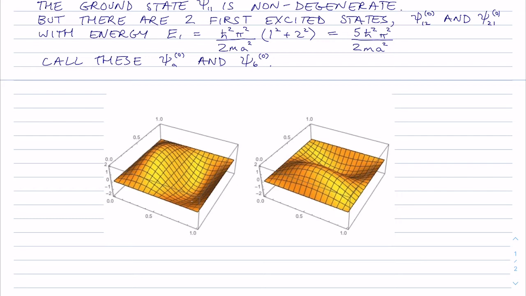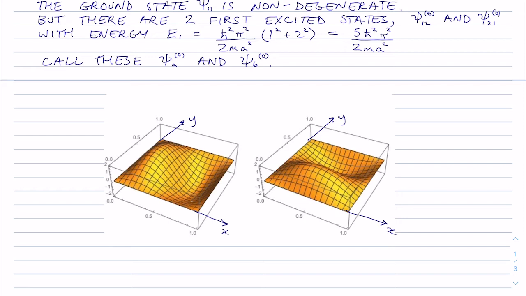If I put some little axes on these, we'll work out which one's which. So we'll put a little arrow there. That can be the x-axis, and this can be the y-axis. And we see actually that there's only one excitation in the x direction on the right hand side, and it's the second excitation in the y direction.